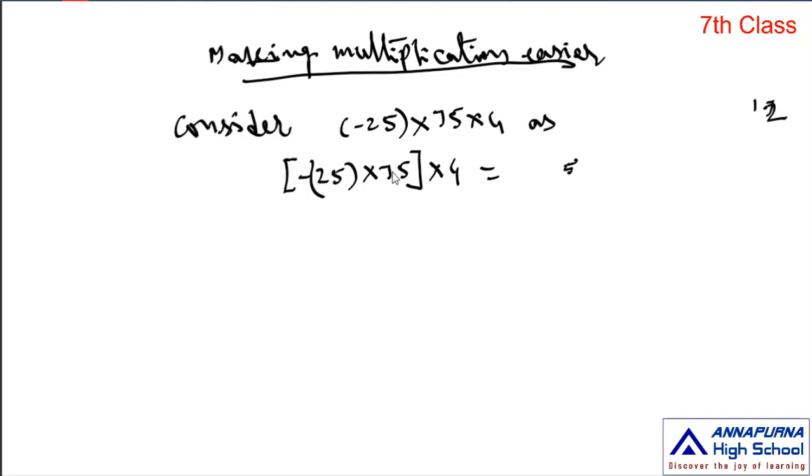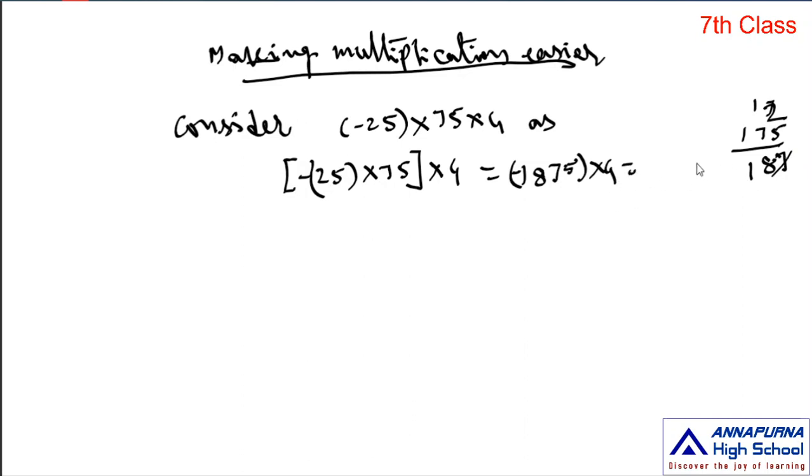Now 25 7s are 175. 175 plus 12 is 187. So the product of minus 25 and 75 is minus 1875, into 4.